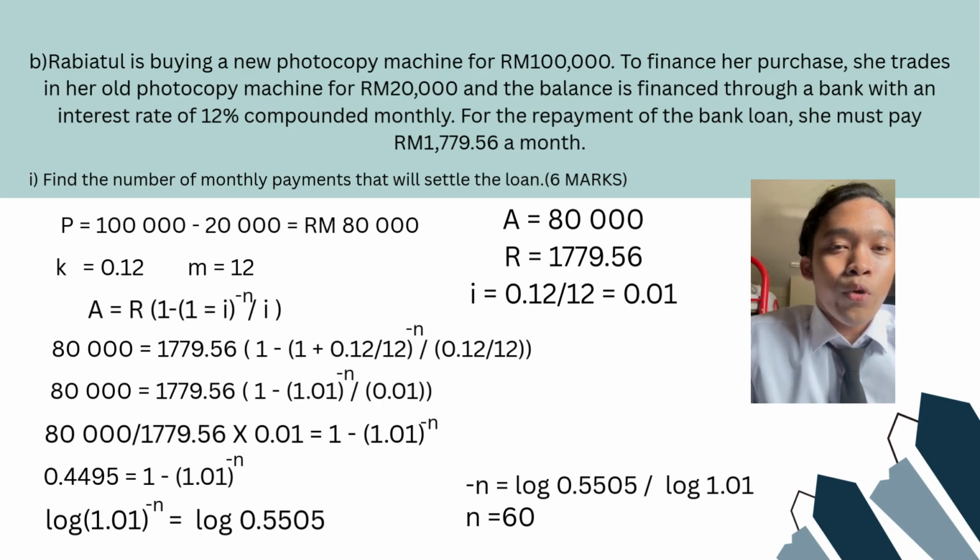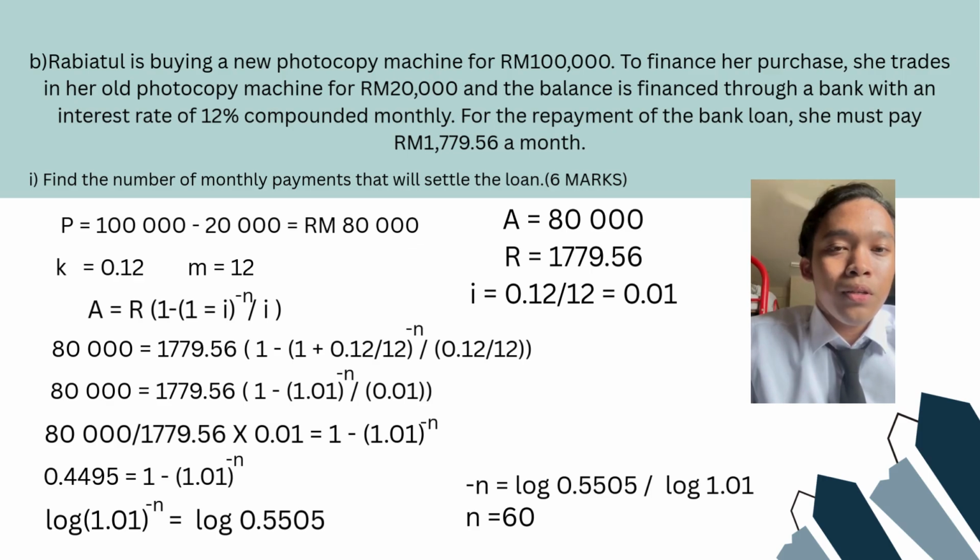Arrange the equation, that is 80,000 equals 1,779.56 times (1 minus 1.01^(-n)) per 0.01. That is 80,000 per 1,779.56 multiplied by 0.01 equals 1 minus 1.01^(-n).